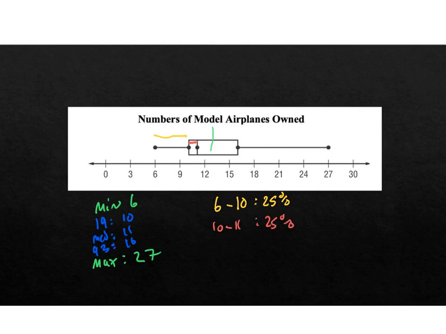That's a lot of airplanes for these people. Couldn't be me. And then 25% of the people owned from 12 to 16. And then 25% of the people surveyed owned 16 to 27, or max.